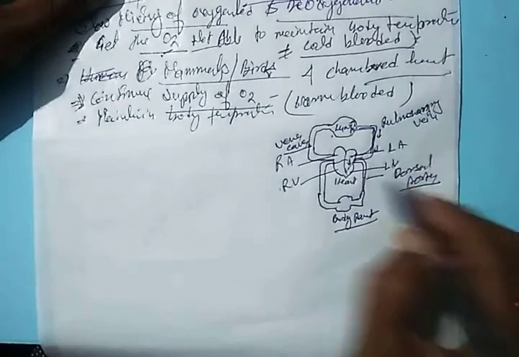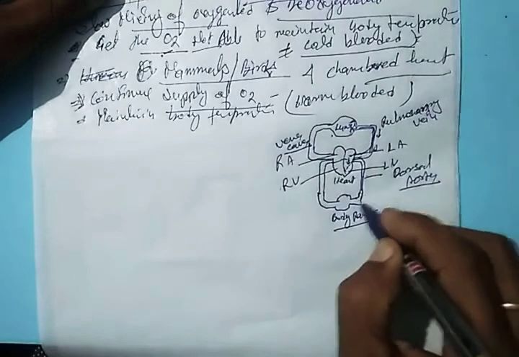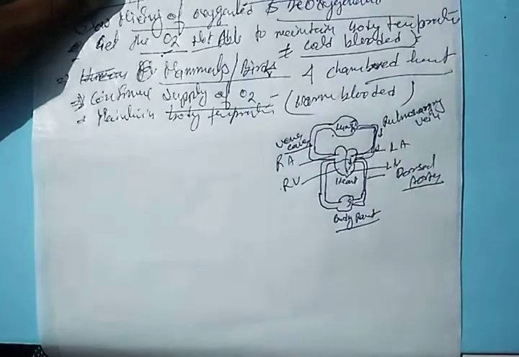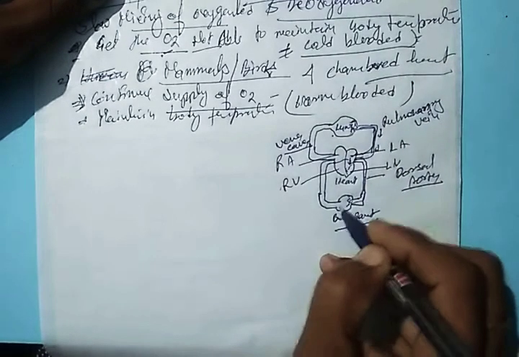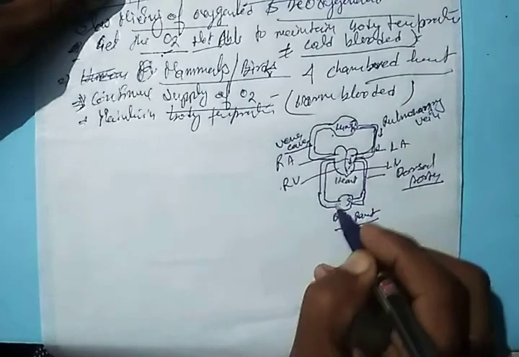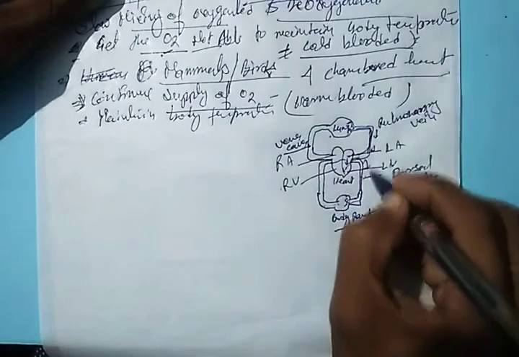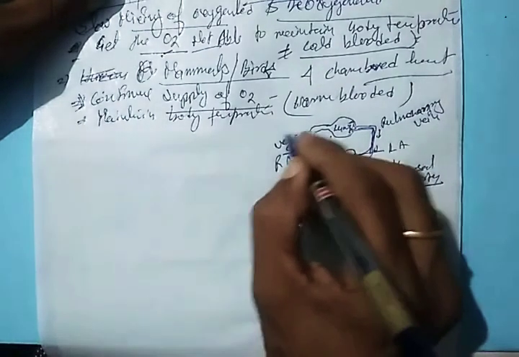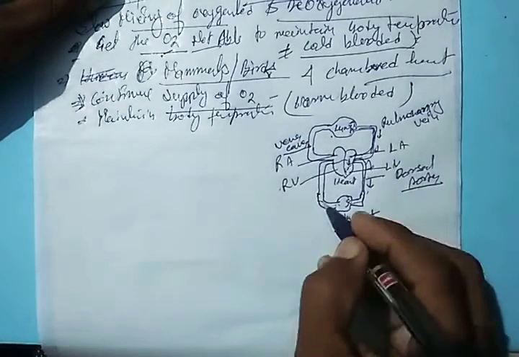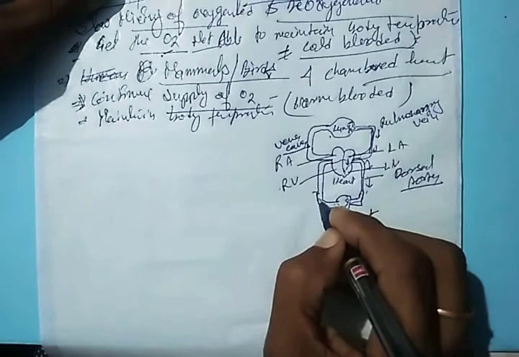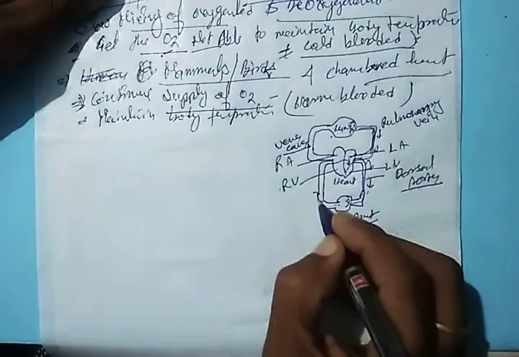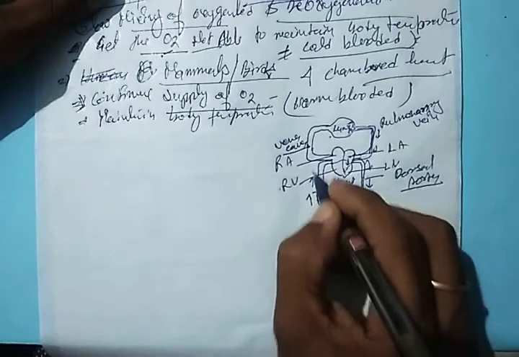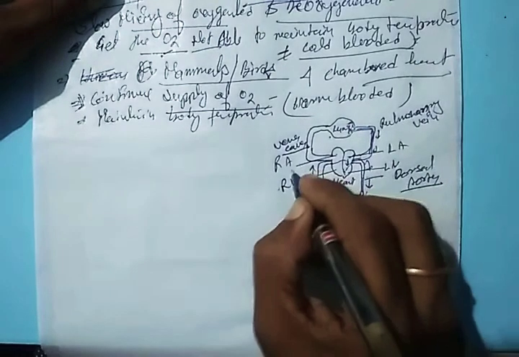The dorsal aorta supplies the oxygenated blood to all body parts. Then deoxygenated blood, collected by the superior and inferior vena cava, enters the right atrium.